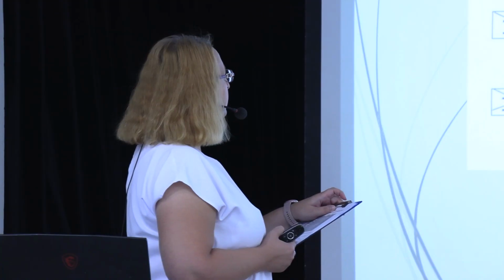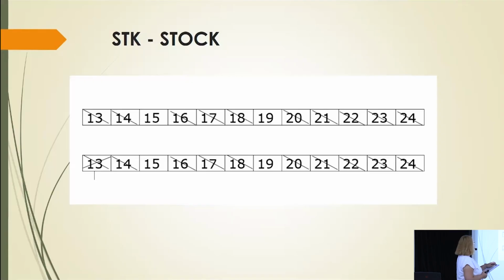We know that according to the AC program, the student needs to finish 70. Good. So if we look at the first line, we will see that we are ordering for the student paces from 13 till 24, which means this is the second level. When you're ordering them, you're just writing the numbers from 13 till 24.